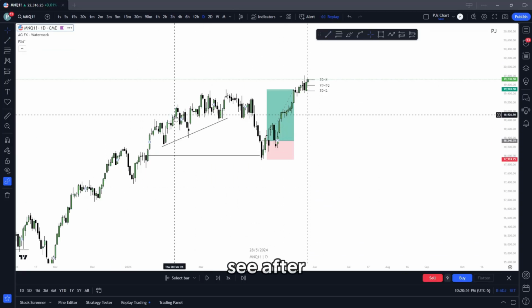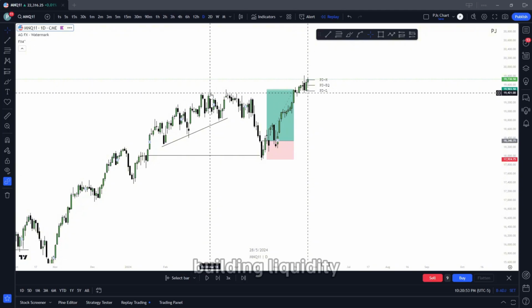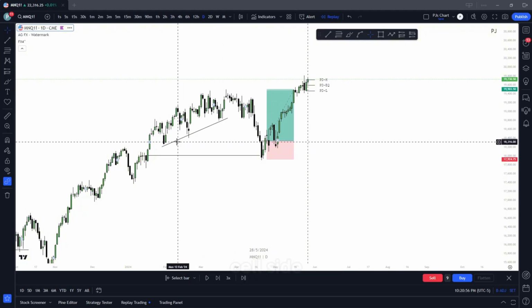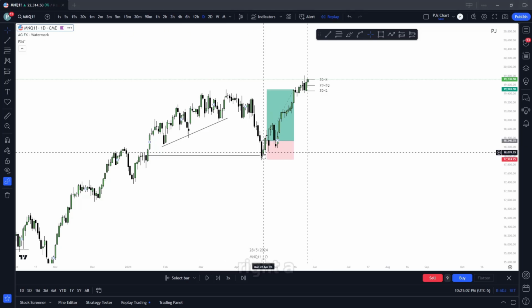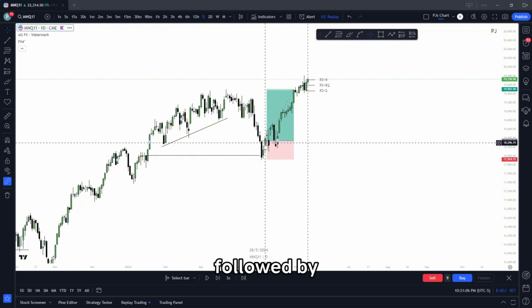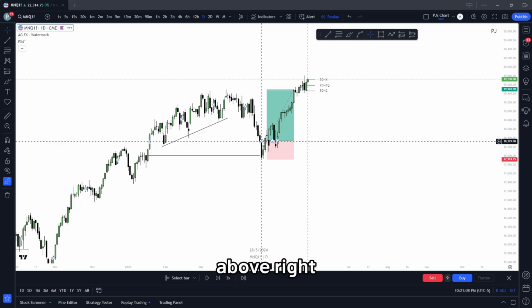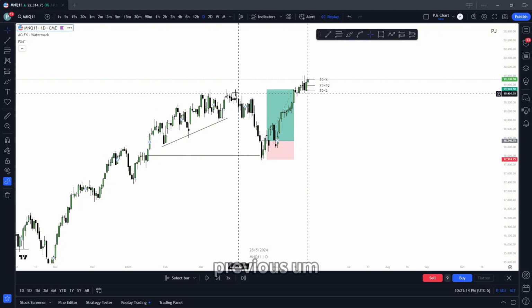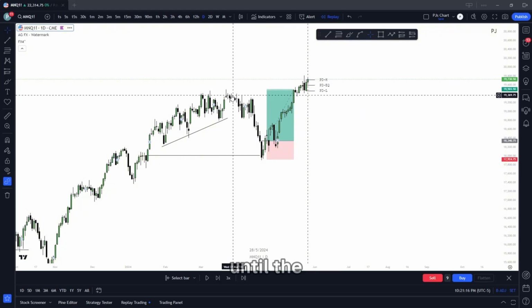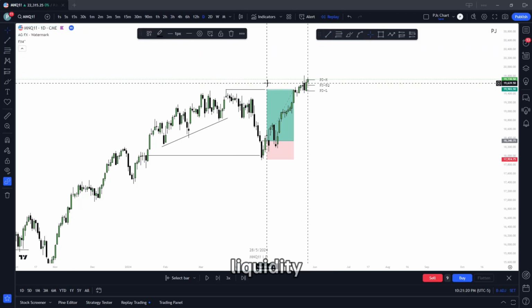After that reconsolidation, building liquidity on the buy side and the sell side, we have our big thick run lower, followed by an indecisive candle on the daily, then closing above, forming a CISD order block and being able to enter there and ride until the opposing end of the range, until our buy side liquidity.